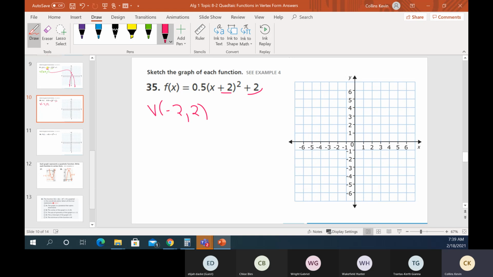So this one is going to start at -2, 2. So we're going to go back 2, right, and up 2. So back 2, up 2, there we go. So there's our vertex. All right, so the number we got here this time is 0.5. Positive 0.5. So is our graph going to go up or down?